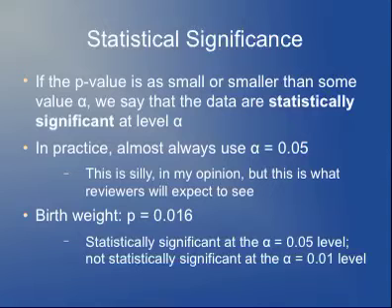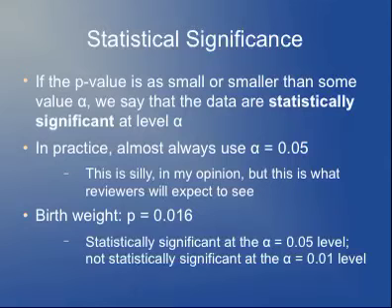So if we were using alpha at the level 0.05, we can say that it is statistically significant because it's less than 0.05. But if beforehand we decided that we wanted to use a cutoff point of alpha equals 0.01, then the p-value of 0.016 that we got from our sample would not be statistically significant.